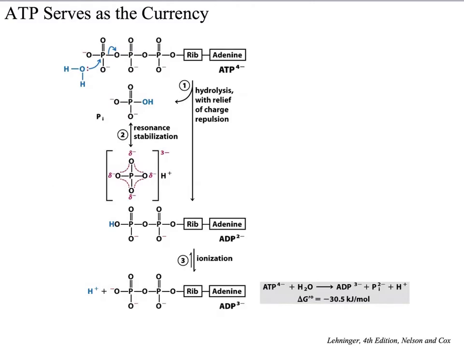So this slide here is just summarizing what we discussed, why ATP serves as the energy currency. The first part here is showing you the hydrolysis, where you have water attacking the gamma phosphate, and then you break this phosphoester bond.